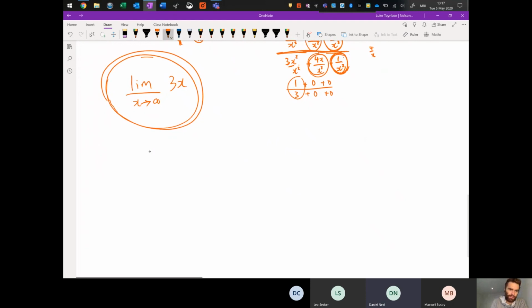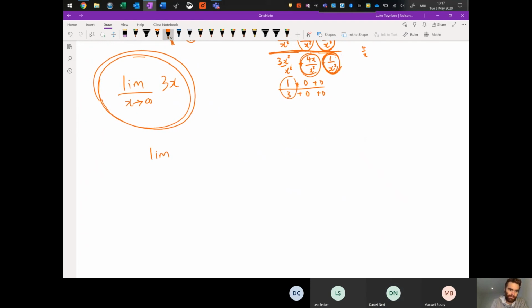So if I give you a question like the limit as x tends to infinity of x plus 3 over x squared plus 2x plus 4, what's that going to be? It's going to end up with x divided by x squared, which is 1 over x.